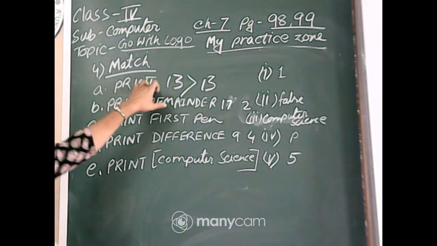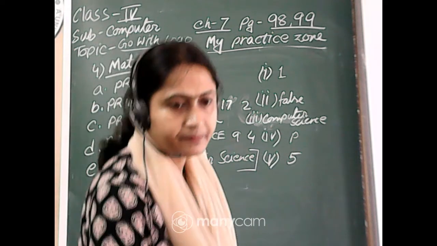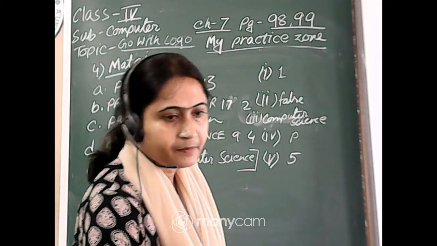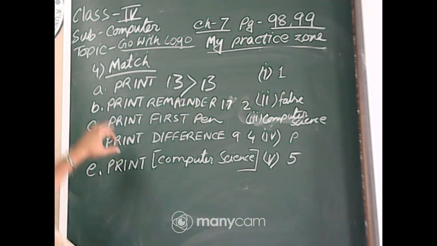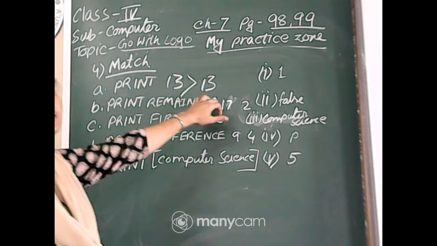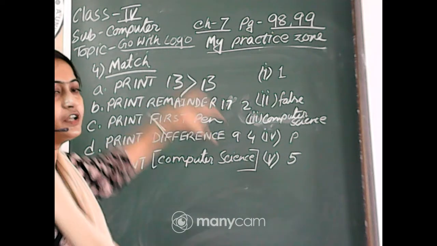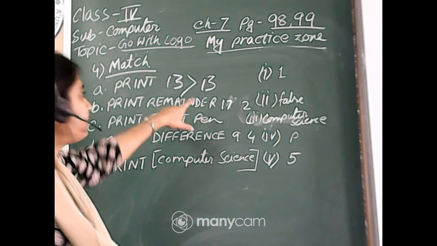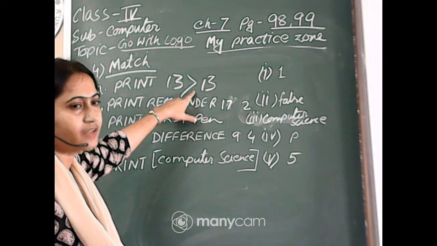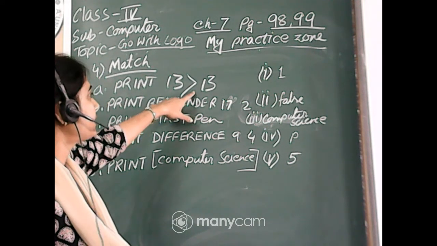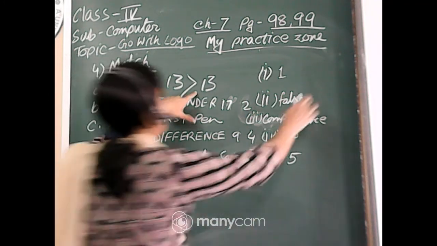So print 13 greater than 13. Here it is false, because 13 and 13 are equal. If you apply this logical operator here, it will show false.